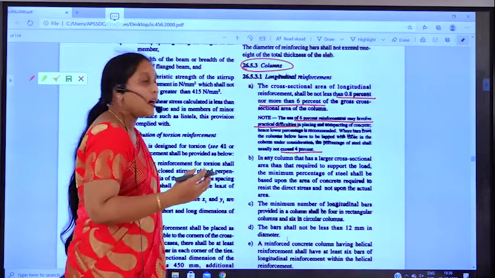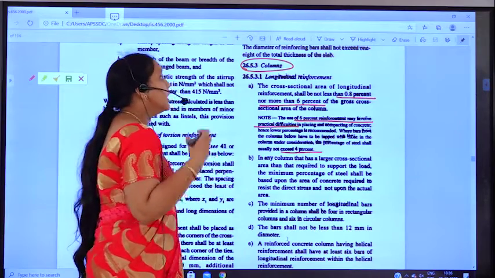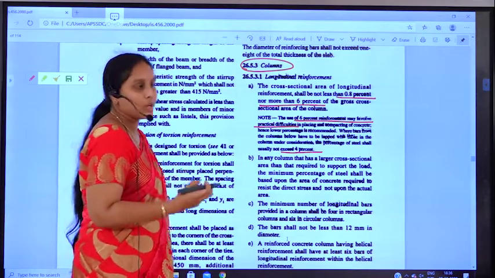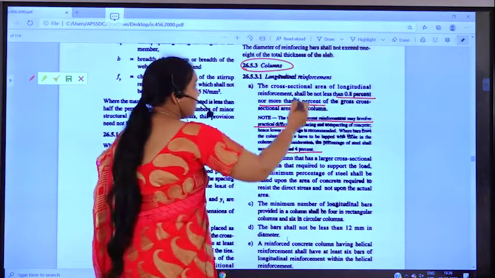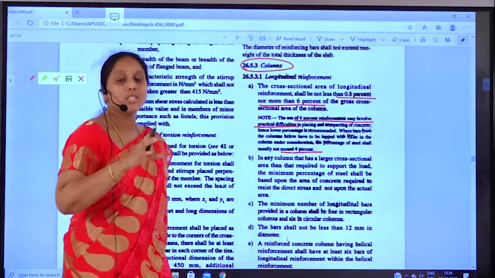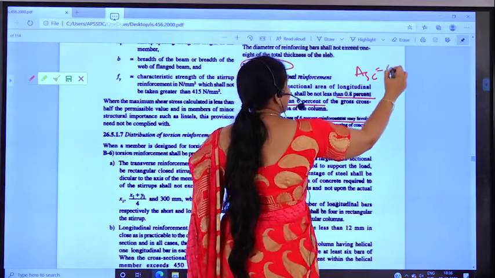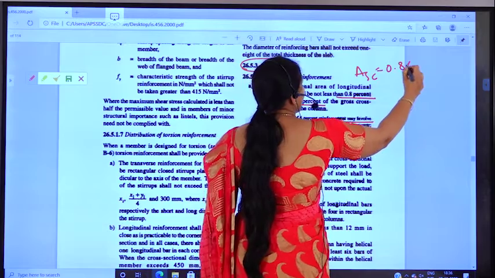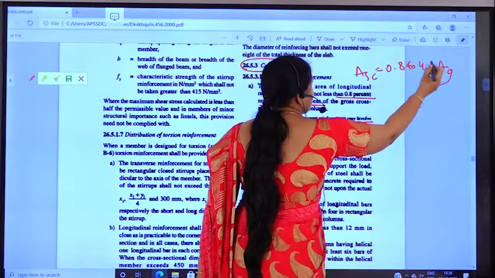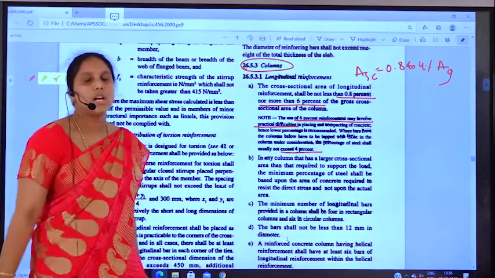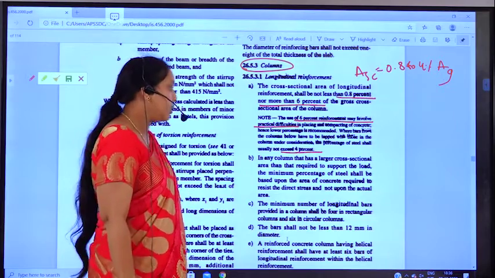So while calculating the longitudinal reinforcement, we have to take the cross sectional area of the longitudinal reinforcement between 0.8% to 4% of the cross sectional area of the column. That is, ASC can be taken between 0.8 to 4% of AG, where AG is the cross sectional area of the column. This is what we have to follow.